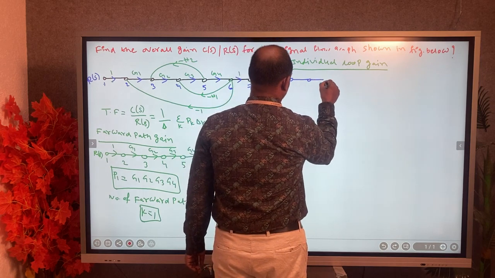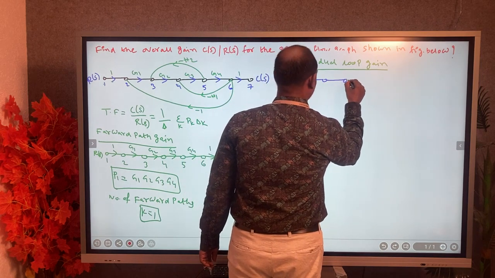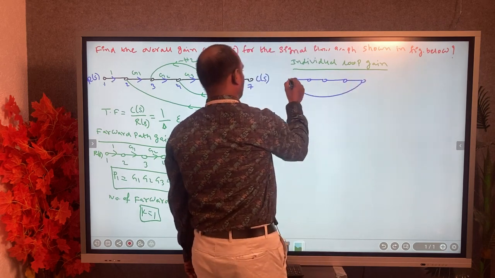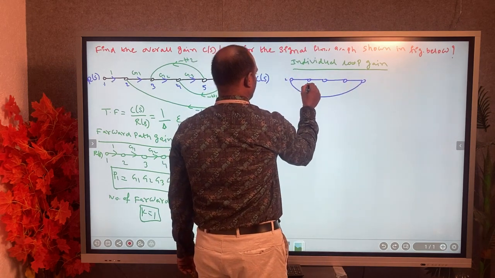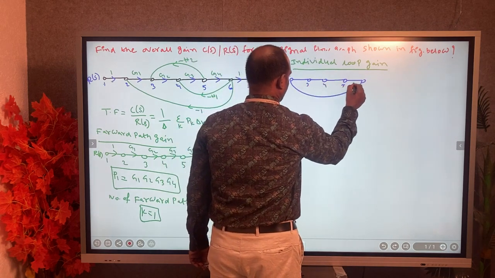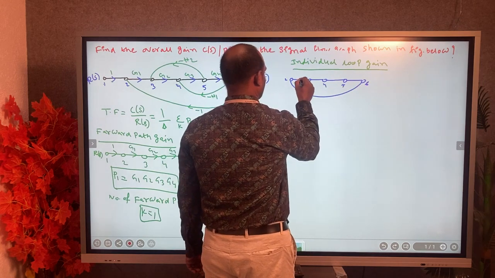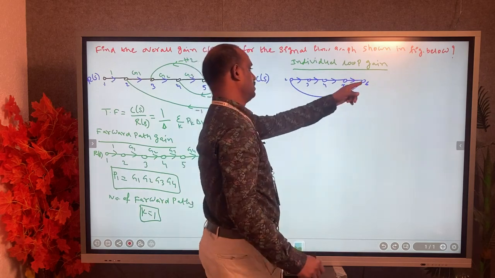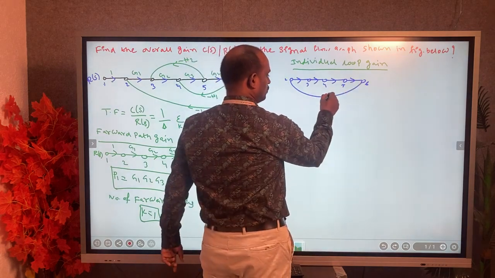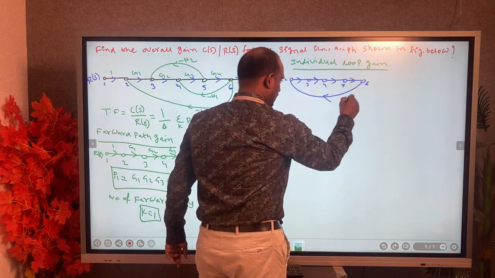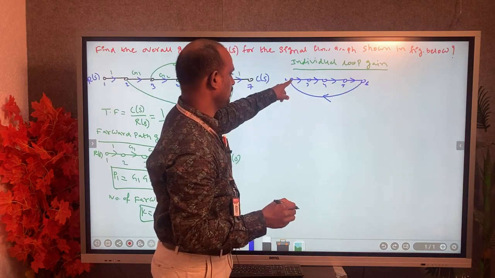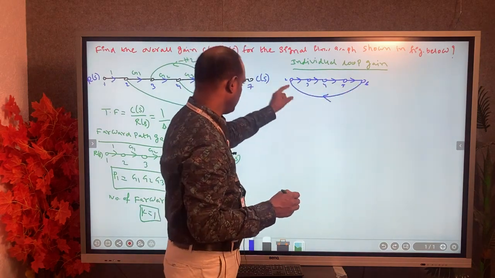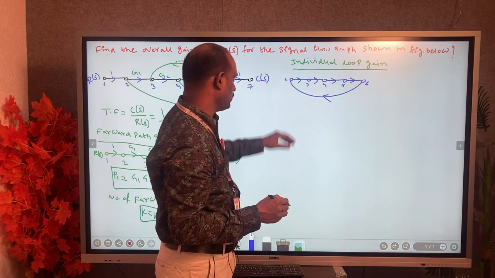So 2, 3, 4, 5 and 6 forms one loop. This is the forward direction, forward direction, forward direction. Now from 6 to 2 it flows in the same direction. The branch started at 2, passed through other nodes and finally ended at the same node.